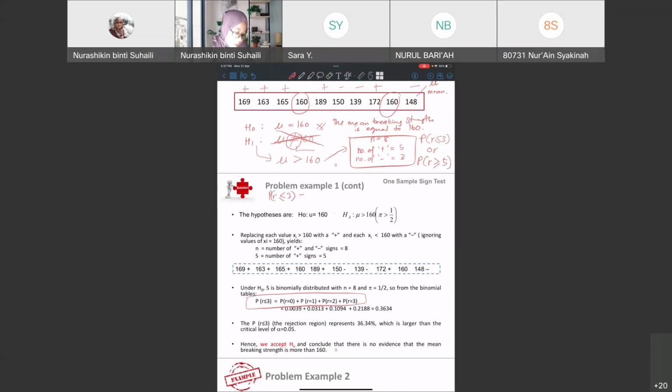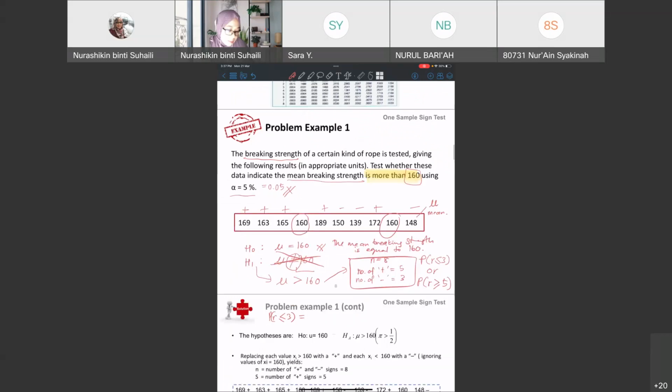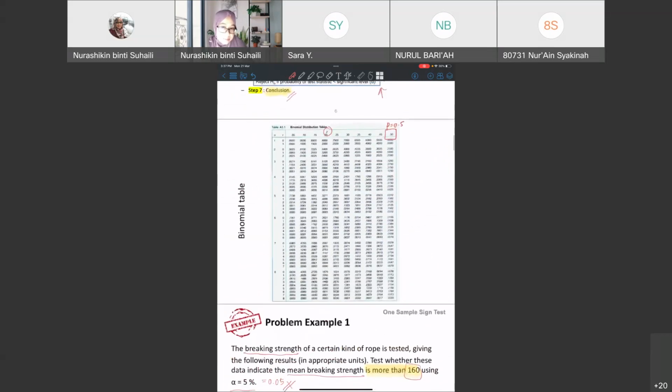What does it mean? You have to find it from the binomial table. Remember just now I mentioned that you just have to refer to p equal to 0.5, because we are talking about two outcomes, positive and negative, plus minus. So that's the reason why we just refer to this column. But you also have to find things on the left here.